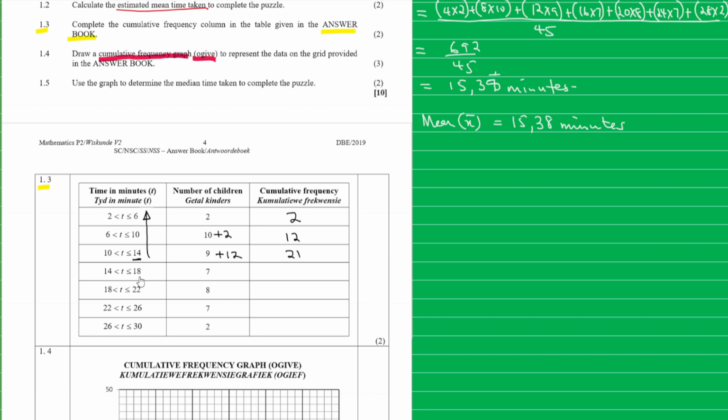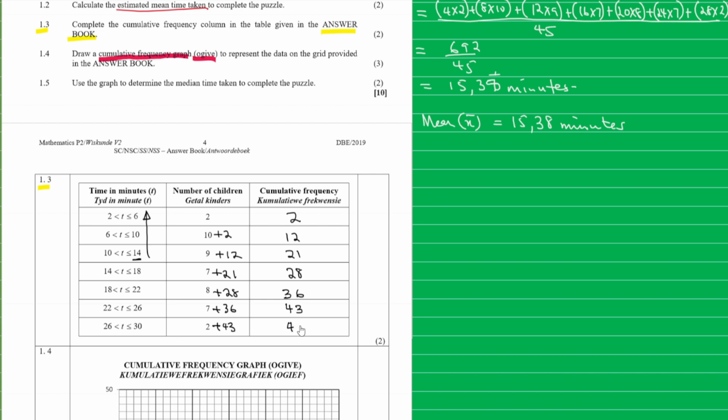So how many spent less than 18? We have 7 here plus the 21. That will give us 28, plus the 28. That will give us 36, plus the 36 in that row. That will give us 43, plus the 43.